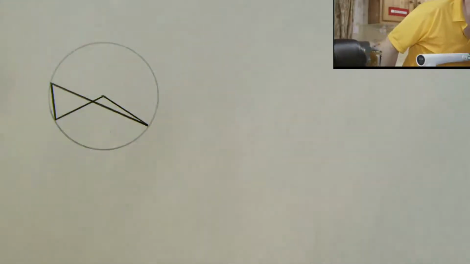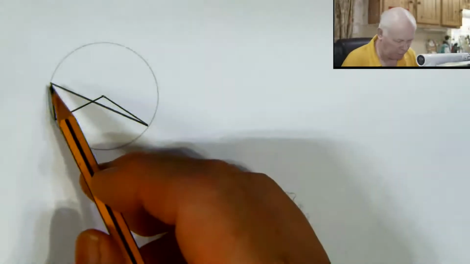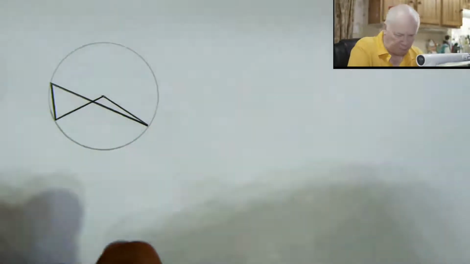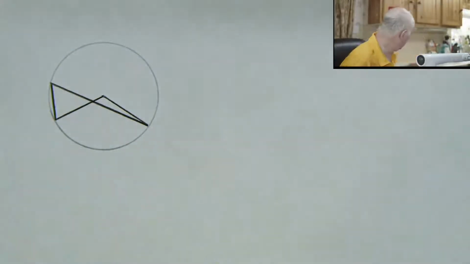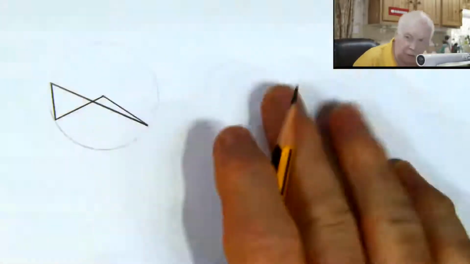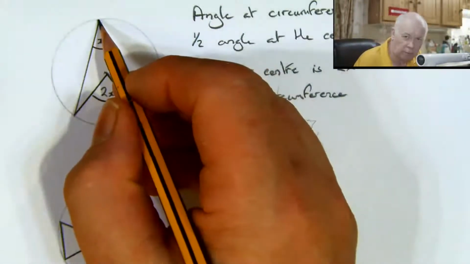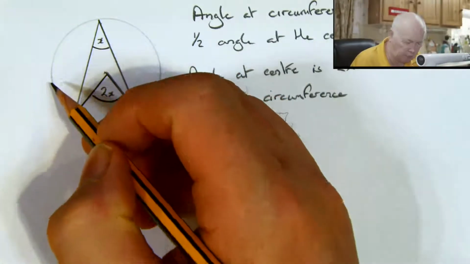What we've got is this angle has gone down a bit. I'm just going to sharpen my pencil because we've seen that this point at the top really has just moved round here.